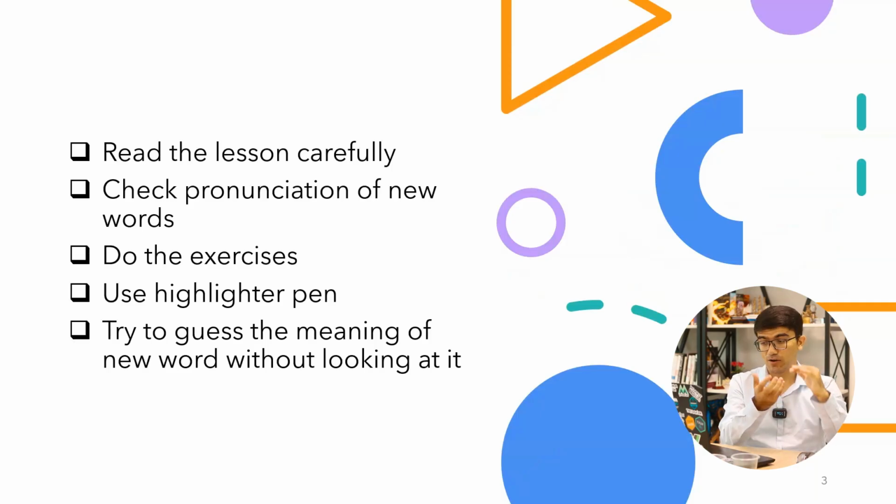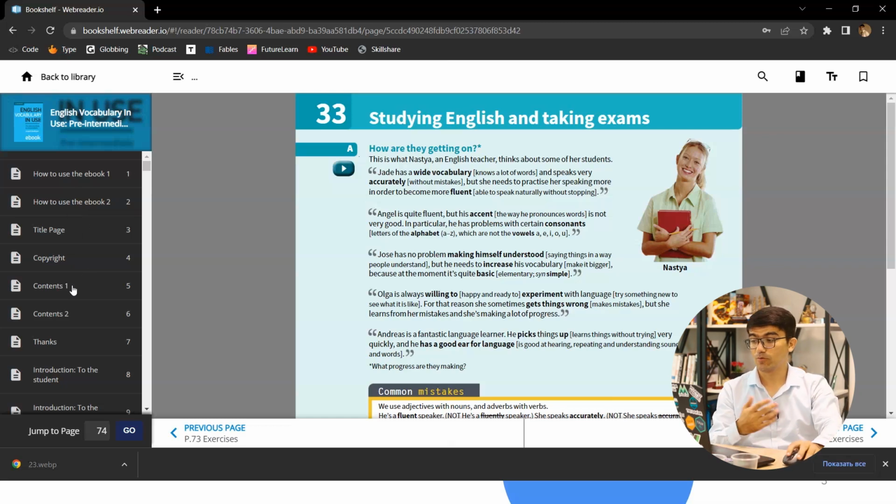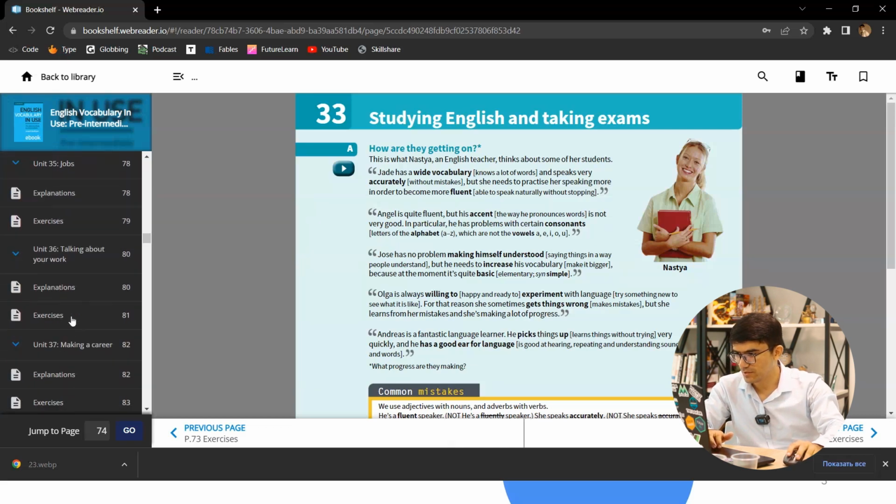On your screen now, you will see a book and the ways to use it. First, obviously, when you're studying a book, you should read the lesson carefully. Imagine you are studying a book about making a career.